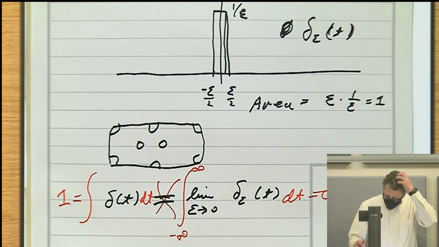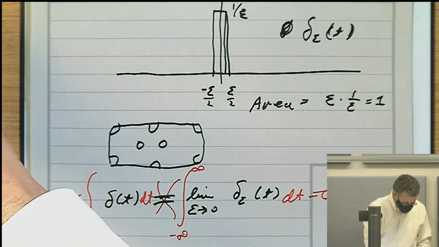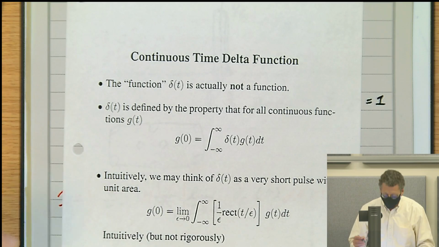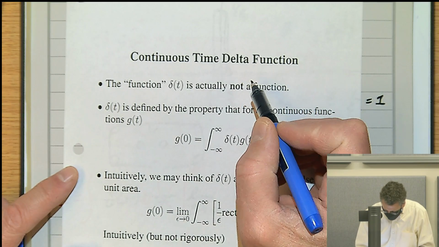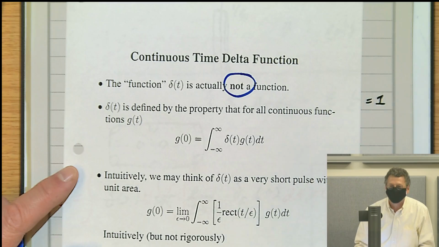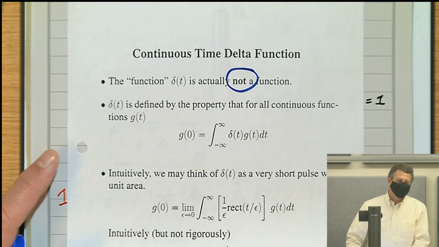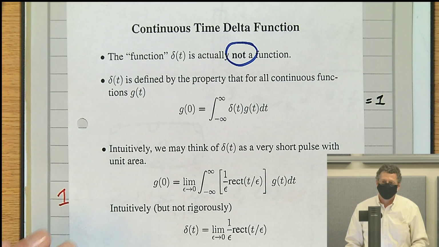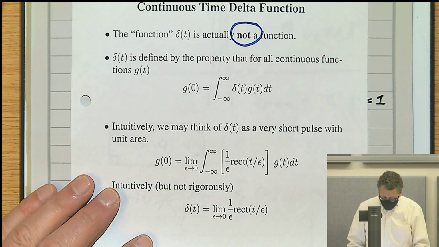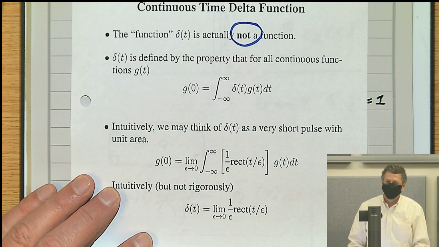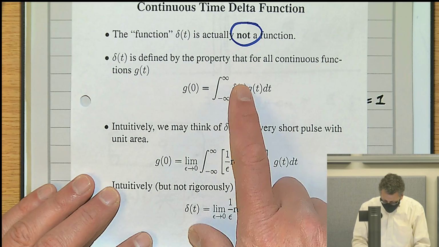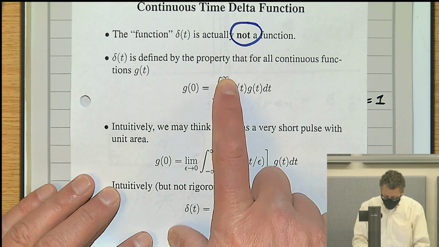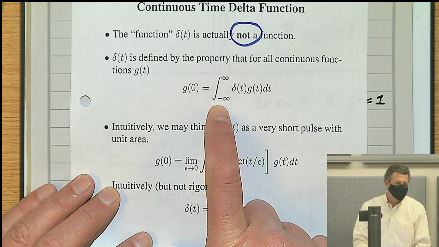So the interesting but perhaps sad reality is that the delta function is not a function. Okay, it's really a shorthand notation for limiting behavior. So it's sometimes referred to as a distribution. It's a shorthand notation for a functional that you get when you integrate it against something.